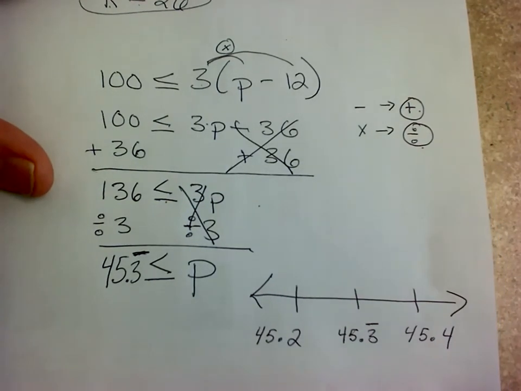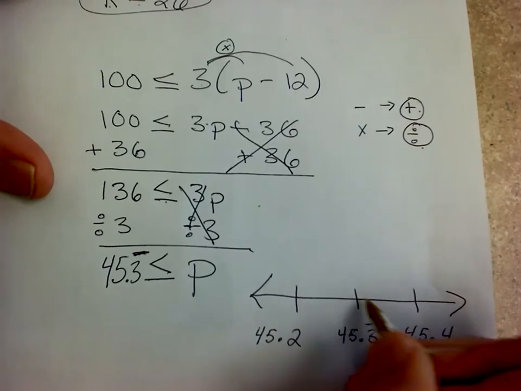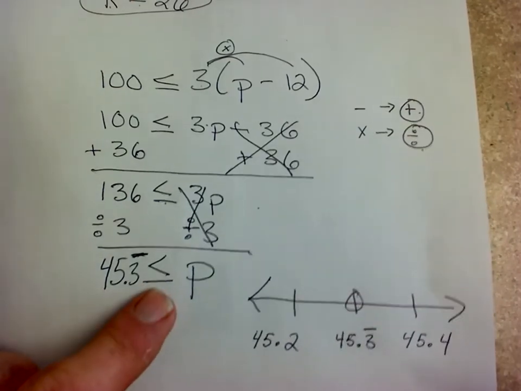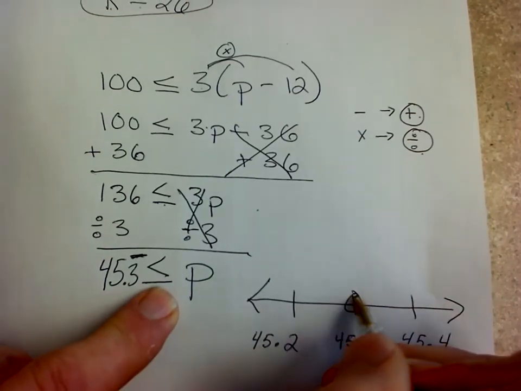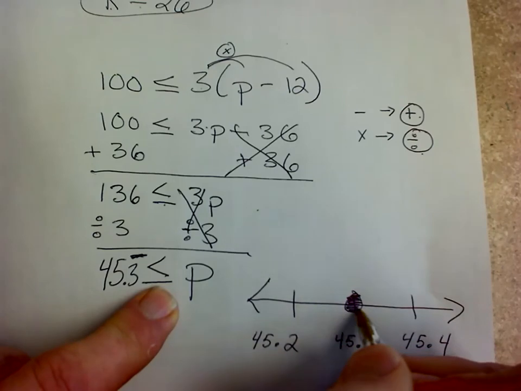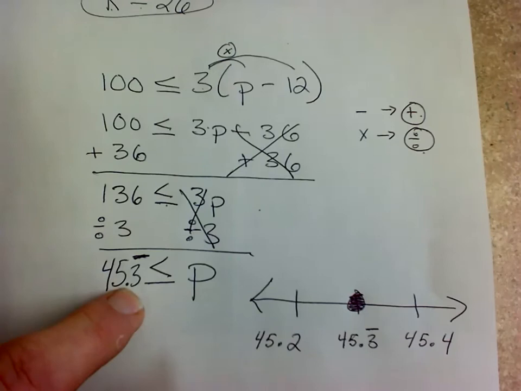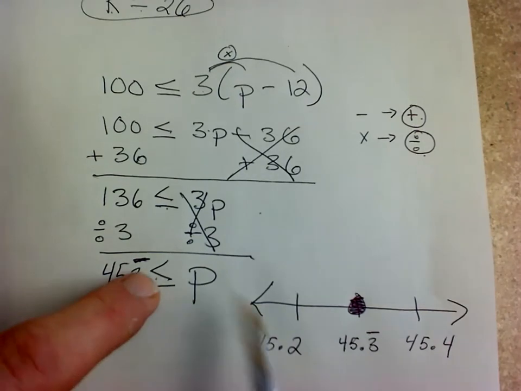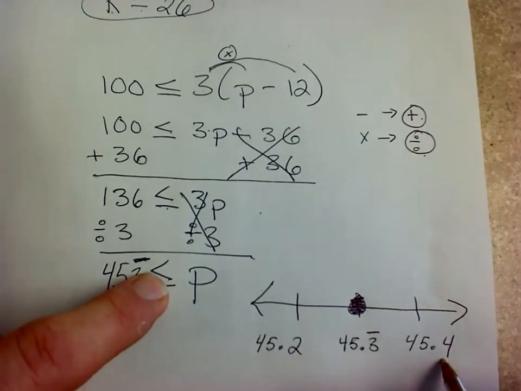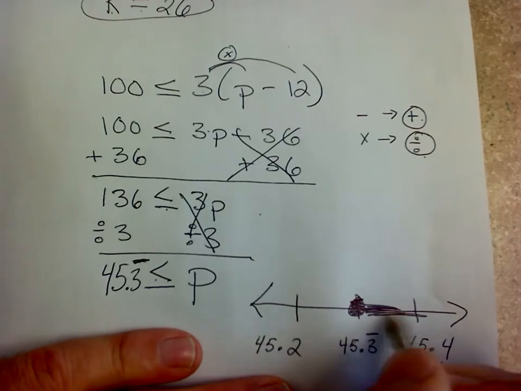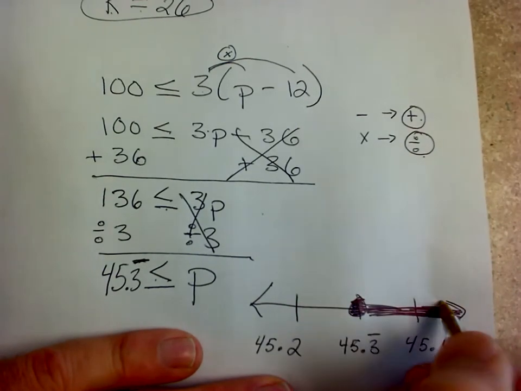We want to label the next number on each side. P can be equal to 45.3, so we want to shade that in. 45.3 is less than 45.4, so we want to shade toward 45.4.